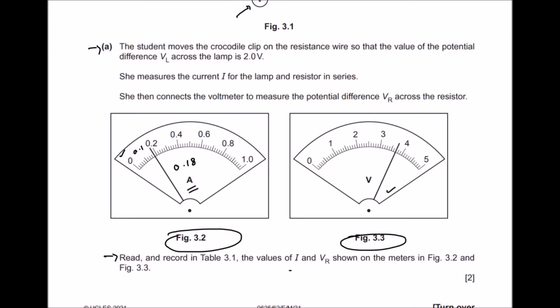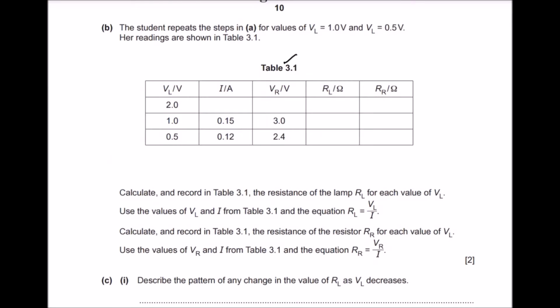Look at the second. This is 3. Then start reading 3.1, 2, 3, 4, 5, 6, 7. This meter is showing 3.7 volt. Now you can write these numbers in table 3.1. The current you can write here is 0.18 and the voltage across the resistor measured is 3.7.